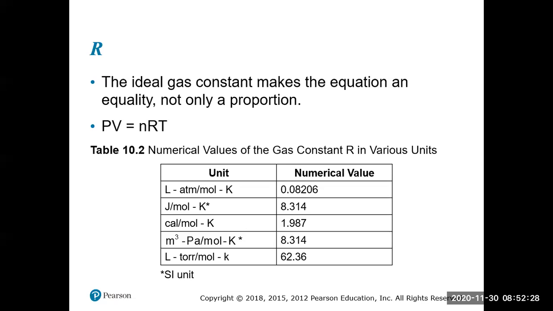That tells us our pressure has to be in atmospheres, our volume in liters, the moles in moles, and temperature in Kelvin. So the units of the constant guide us on what the units of our variables need to be. When you use the ideal gas law, usually you're given three of the four variables: pressure, volume, number of moles, and temperature. You know your gas constant value, and then you solve for your unknown.